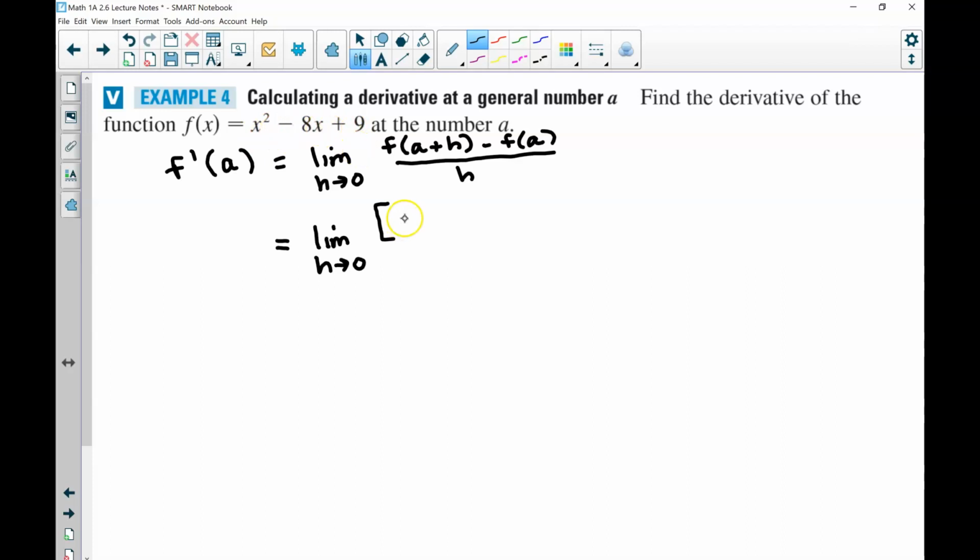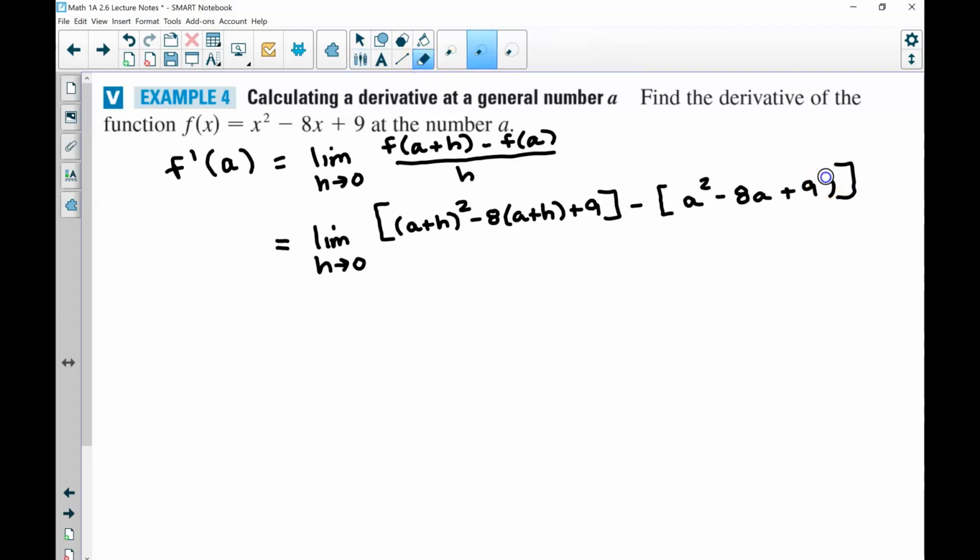So that means that instead of x, we're going to have a plus h squared minus 8 times a plus h plus 9, minus, we're going to substitute a now into that function, so it's going to be a squared minus 8a plus 9. And we're dividing this by h.